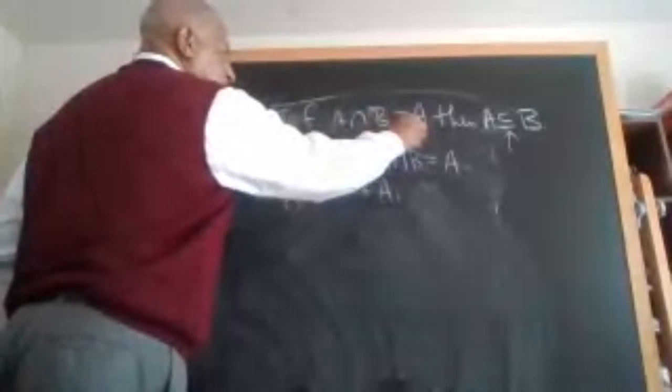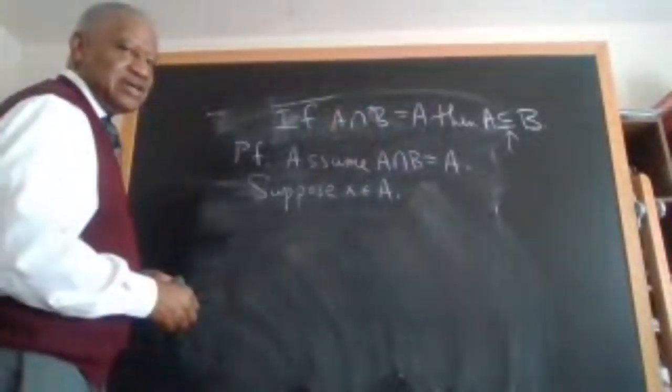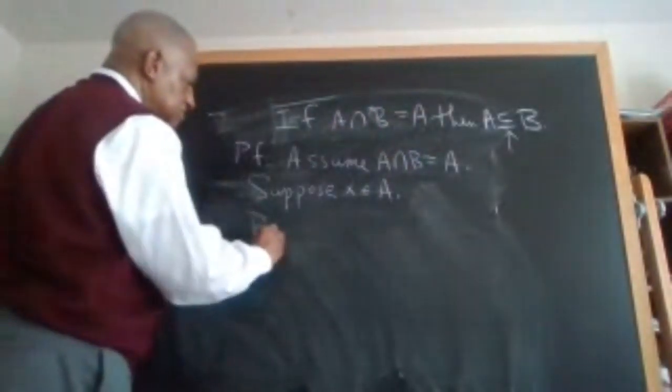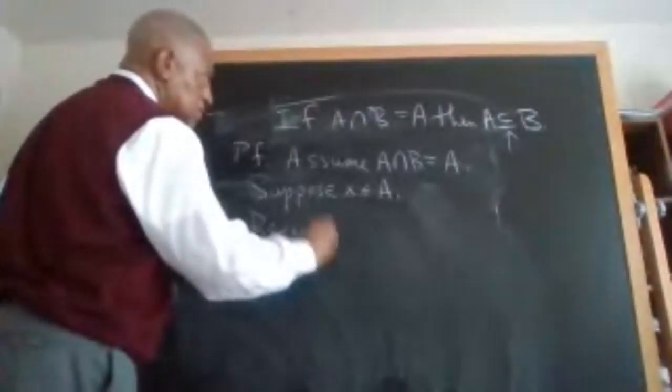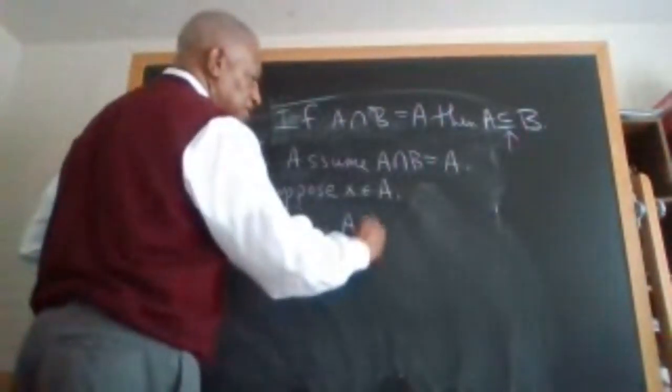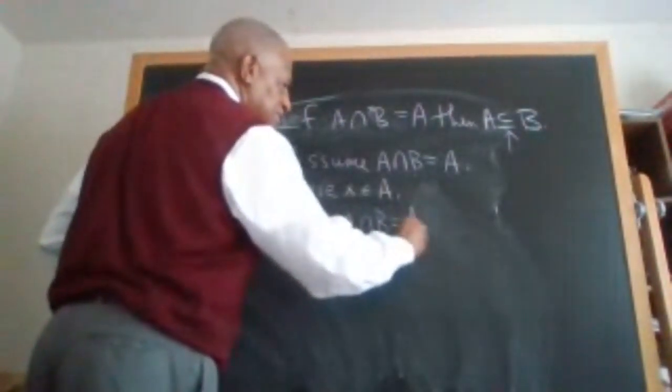Now we use this fact. A is the same as A intersect B. Because A intersect B is equal to A, what must be the case?